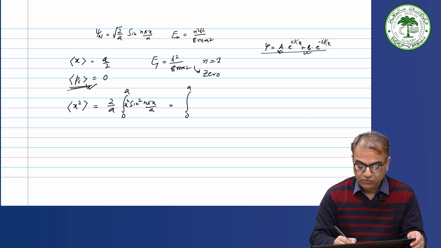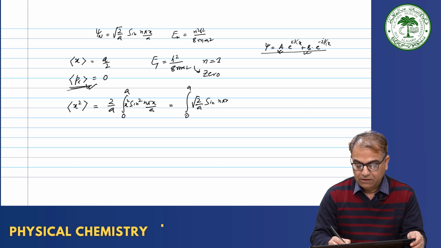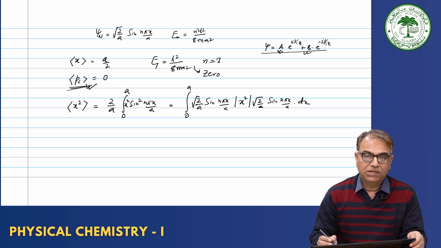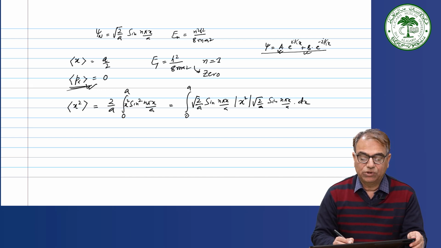For the expectation value, you write root 2 by a times the wave function sine n pi x upon a, then the operator, which is simply multiplying by x square, and then again root 2 by a sine n pi x upon a, into dx. Okay, so this will give you the expectation value of the square of the position.